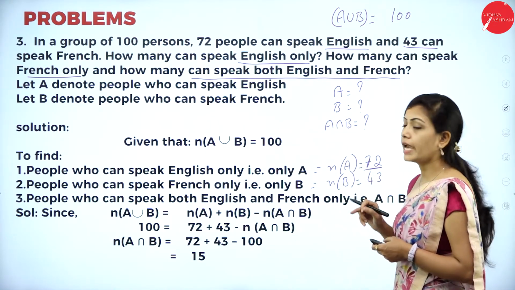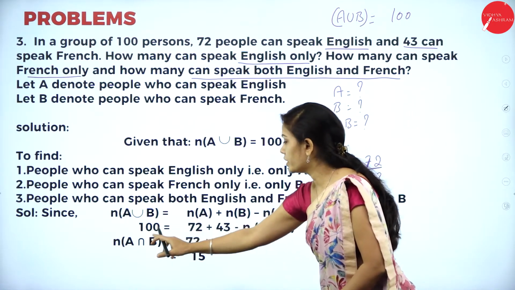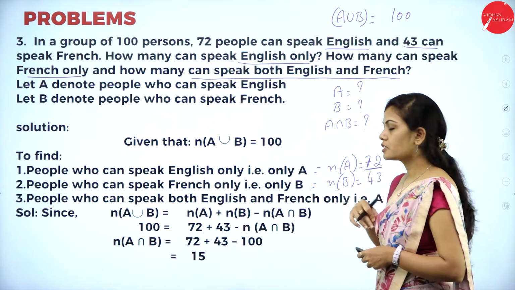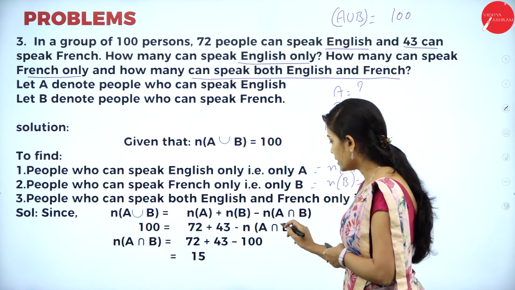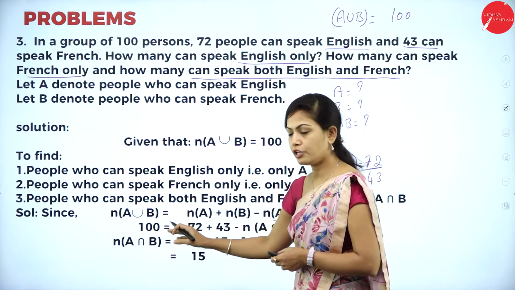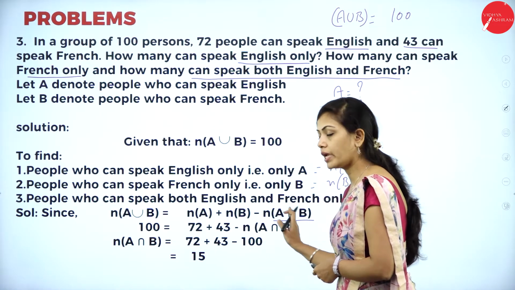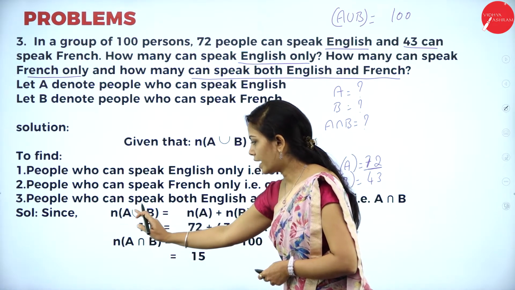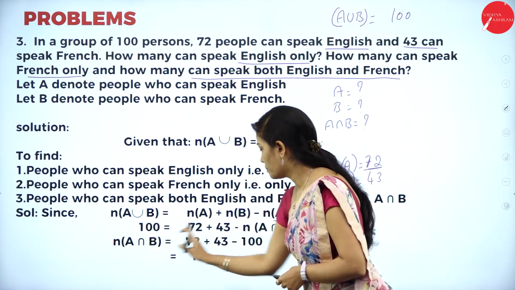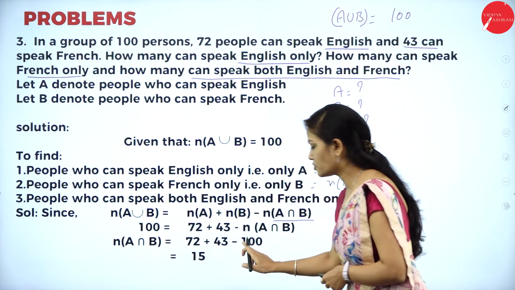So that is called A intersection B. Substitute the given values: 100 is equal to 72 plus 43 minus N of A intersection B. Here we have to find A intersection B, not A union B. We already know the value of A union B, it is 100. So cross multiply this N of A intersection B to this side and the N of A union B value to this side. The minus will change to plus and this plus will change to minus.